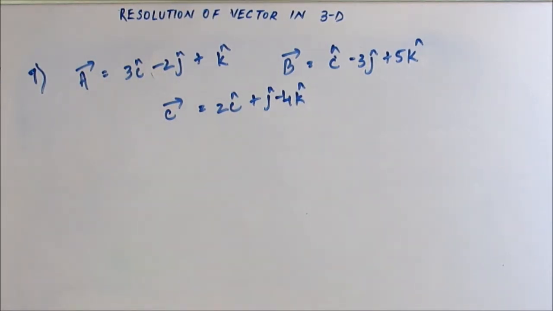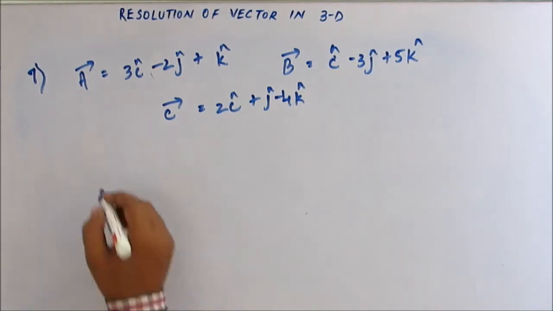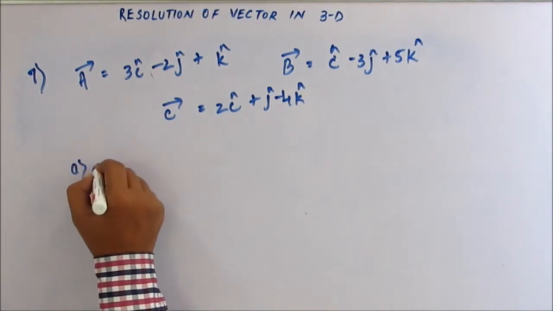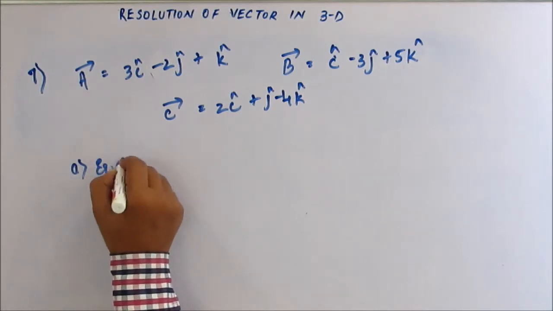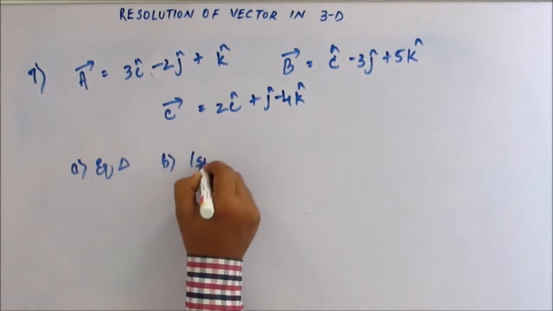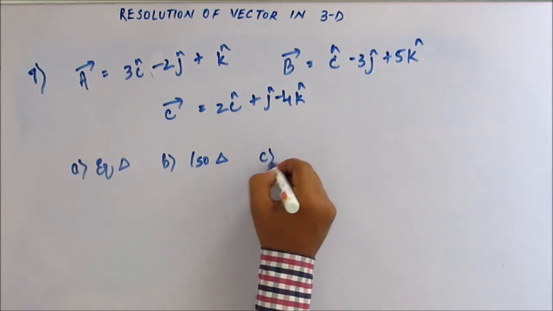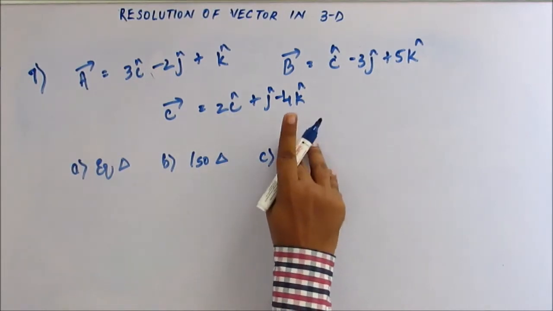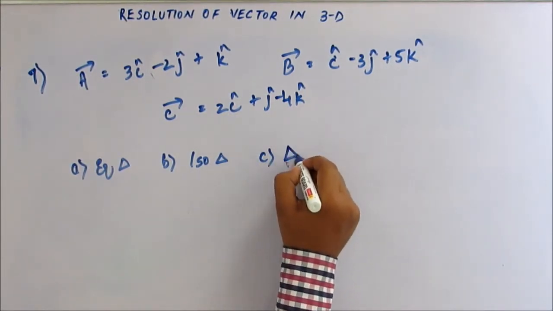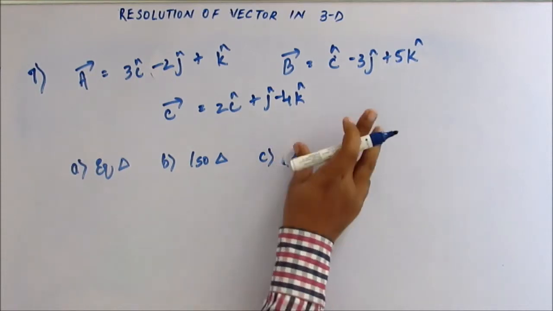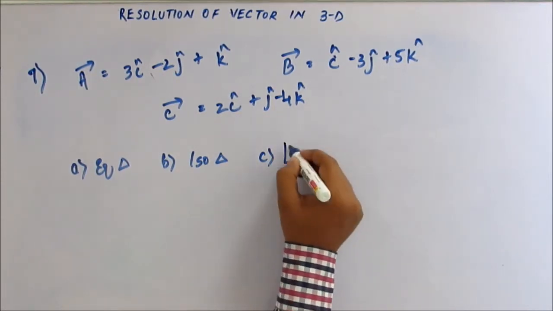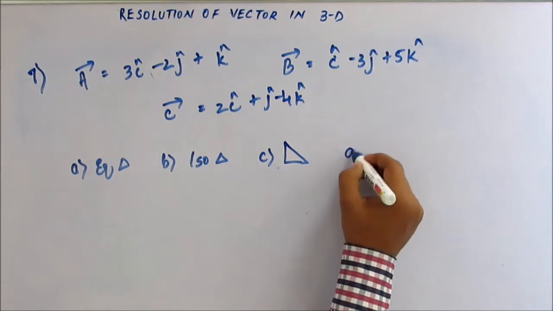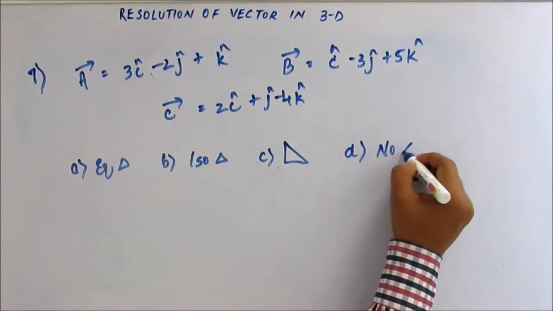Now the question is, these three vectors form sides of a triangle. If at all they form sides of a triangle, then that triangle would be option 1, equilateral triangle, option 2, isosceles triangle, option 3, right angled triangle, option D, they form no triangle.